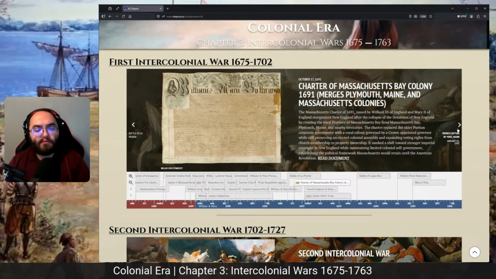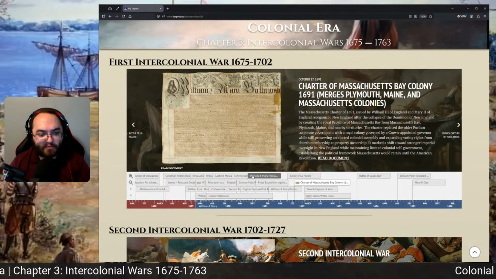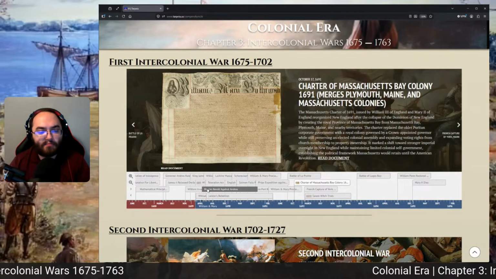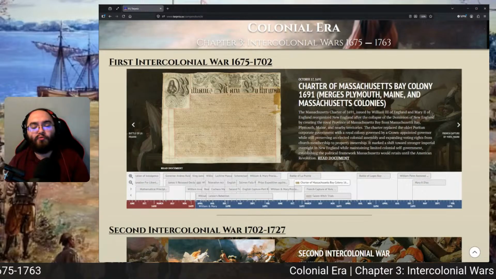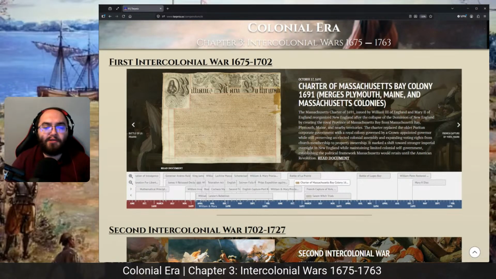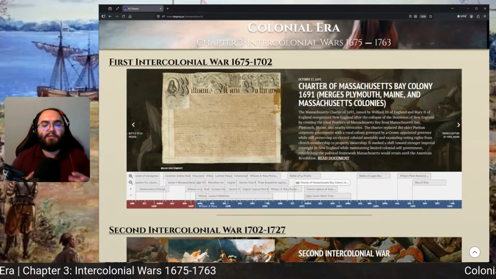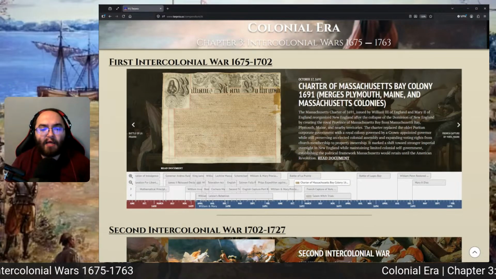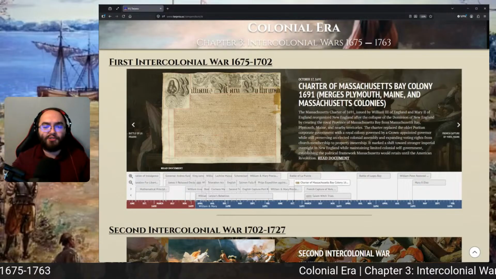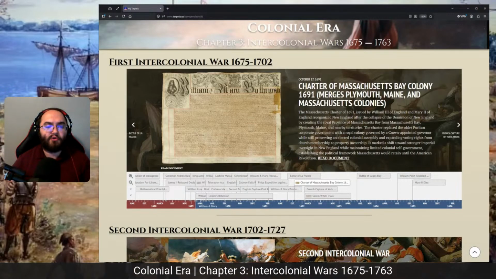So following the revolt in Boston against Governor Andros over the issue of the Dominion of New England, they decided to reestablish the colonies. And so they remade the Massachusetts Bay Colony in 1691 with this charter.